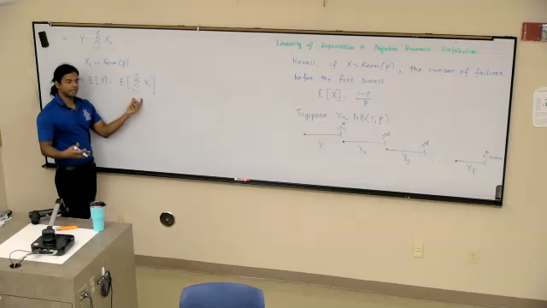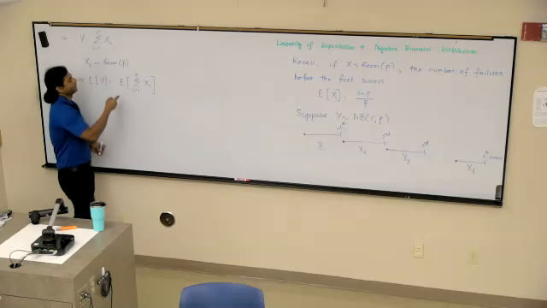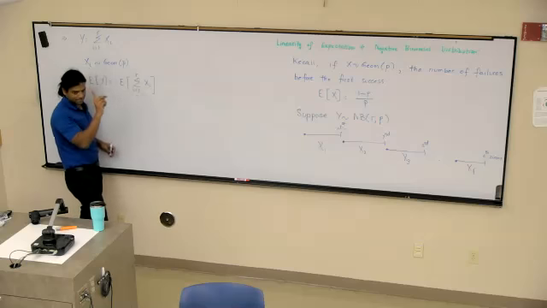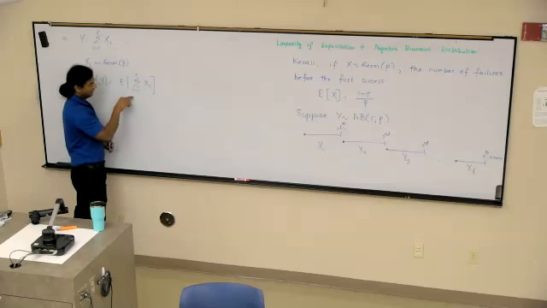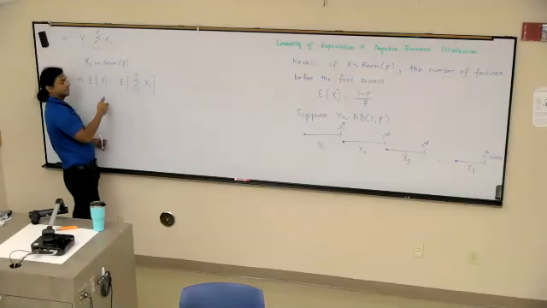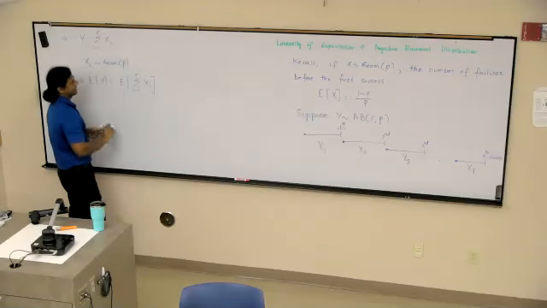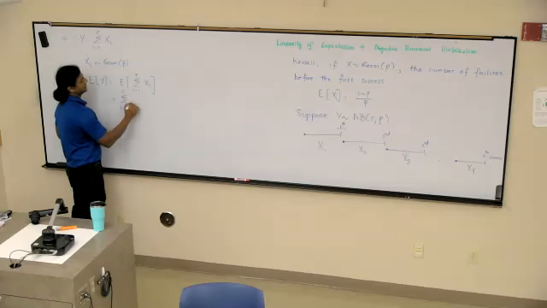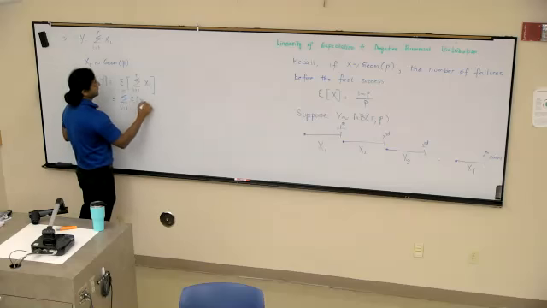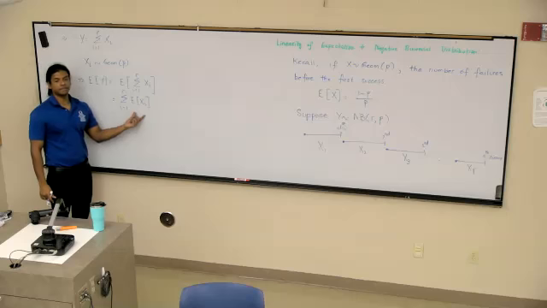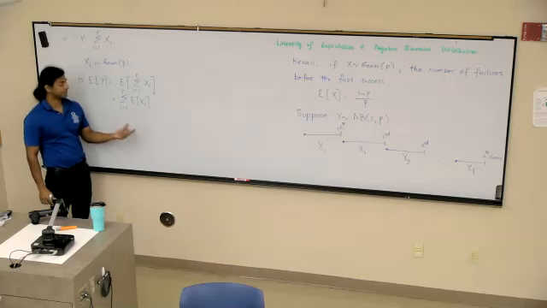Linearity of expectation simply states that if you have a sum of Xi, it has to be a sum, not a product. If you have sums of random variables, you can pull the sum out and simply add their expectations. So the sum from i equals 1 to r of the expectation of Xi. Since all of them are geometric P, the expectation here is simply (1 minus P) divided by P.